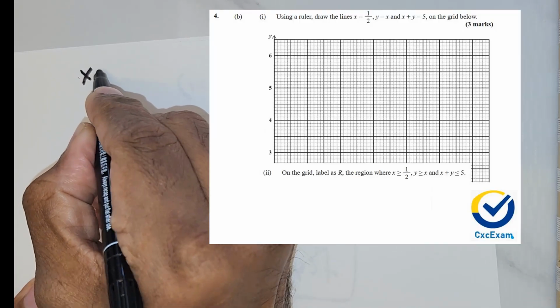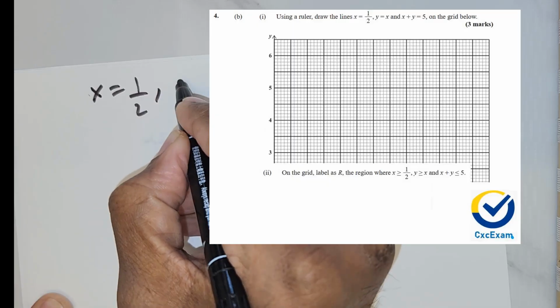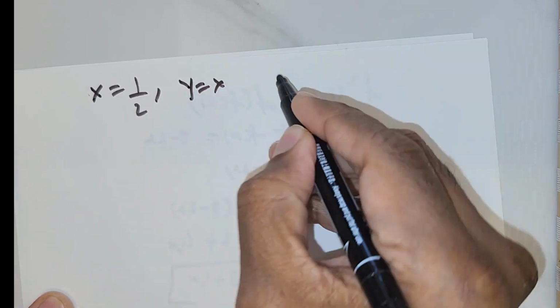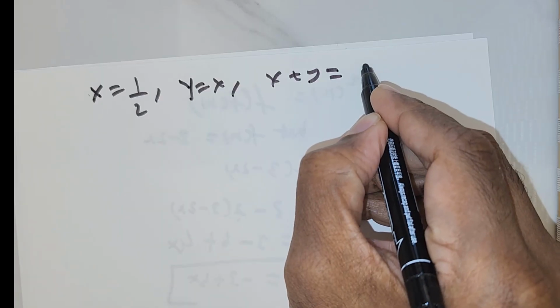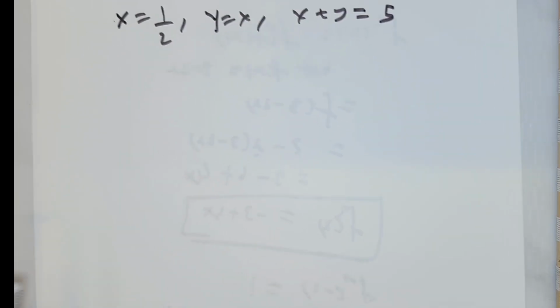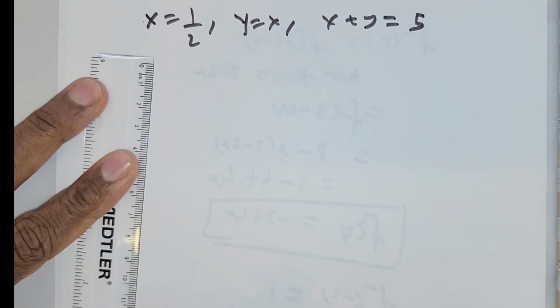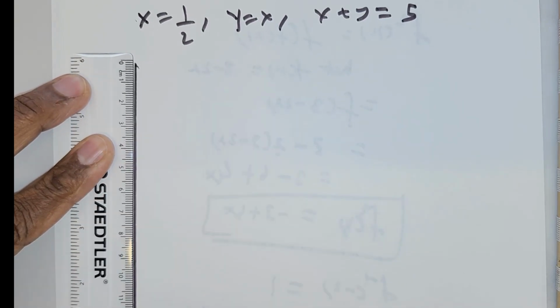Now this is the next question. On the grid, we are expected to plot x is equal to 1 over 2, y is equal to x, and x + y is equal to 5. Okay, so let me draw the axes.